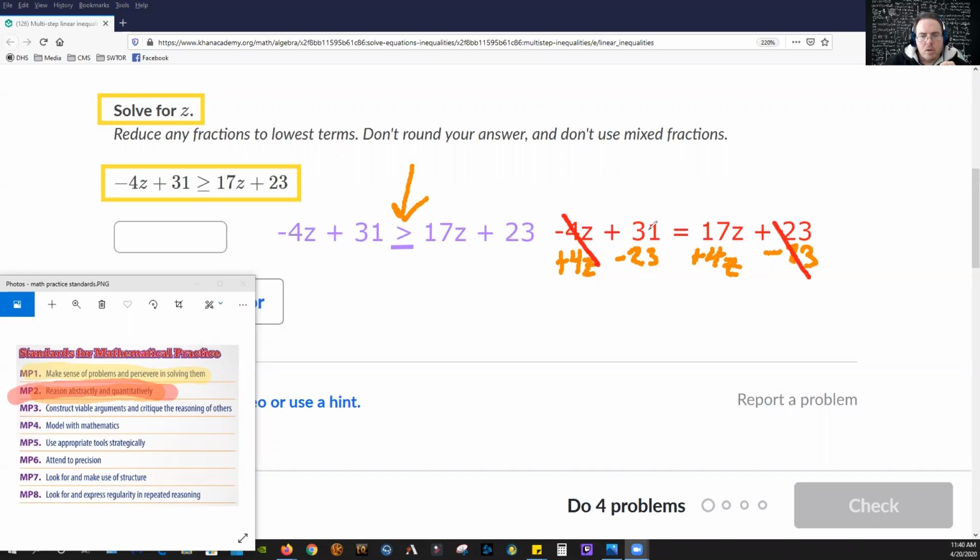Well, 31 minus 23 would be 8. 17z plus 4z would be 21z. If I add 4z, yeah. If I subtract 23, yep.